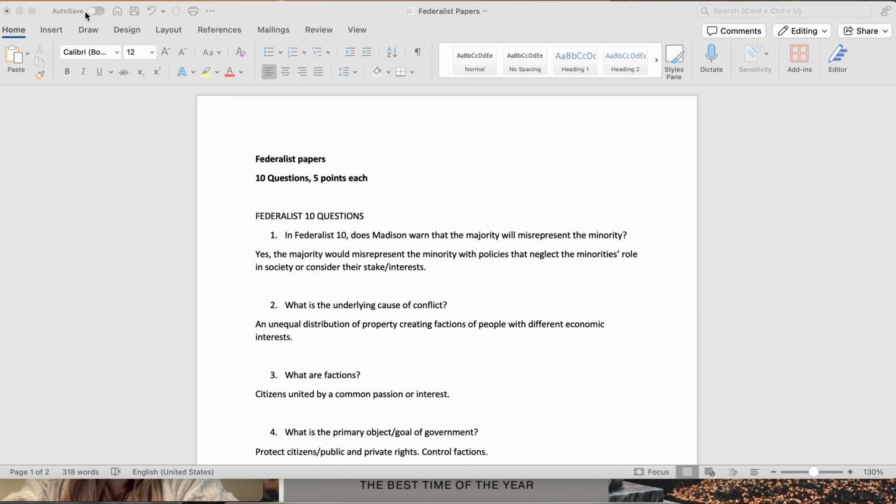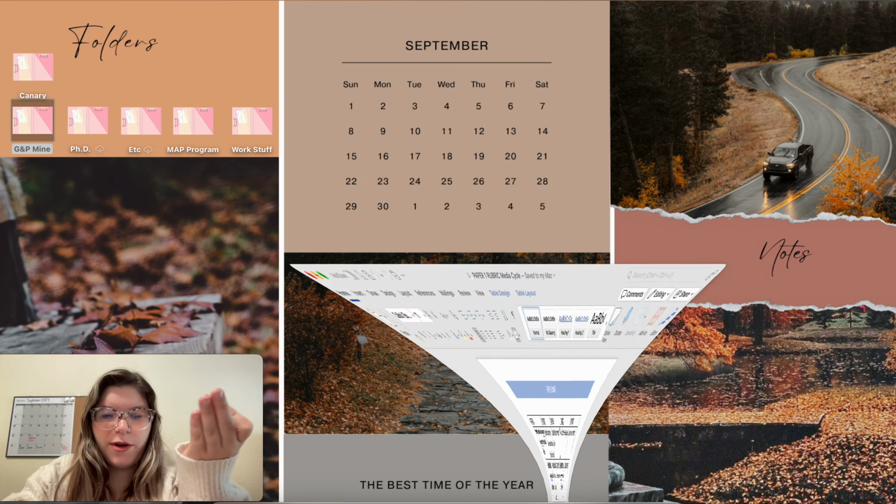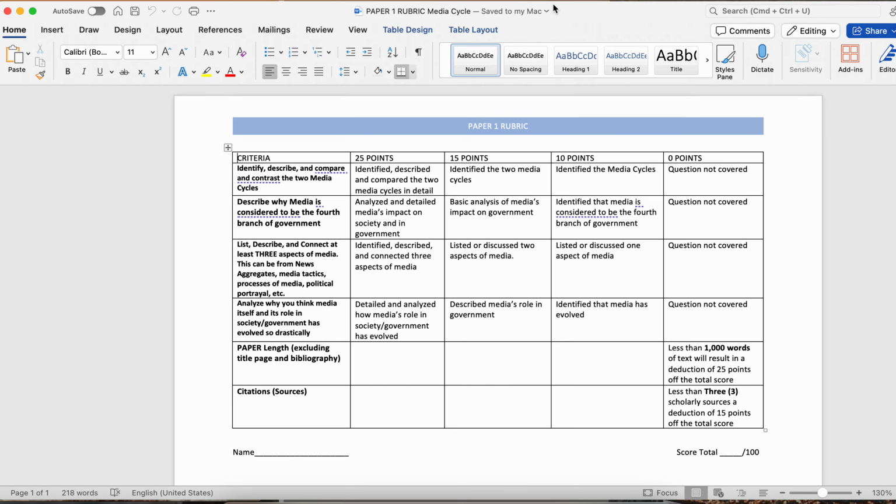You could choose either of the two rubrics, media, and here's what this looks like, or ideology. Just choose one. The outlines are the same, the scoring is the same, the word count is all the same. The only difference is the actual criteria of what you're answering.